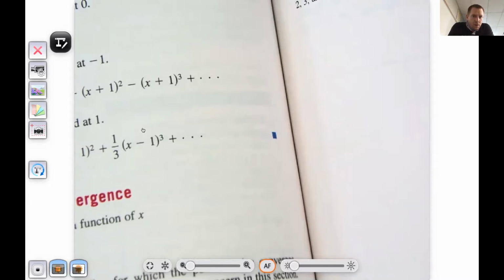What about Maclaurin? So you think he came through and just stole his thunder and said, at x equals 0, it's now named after me?